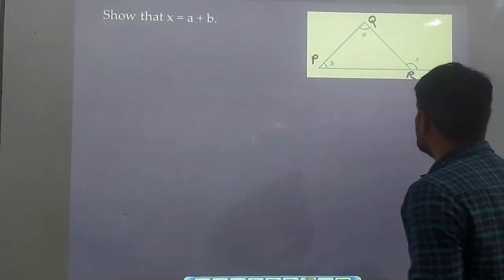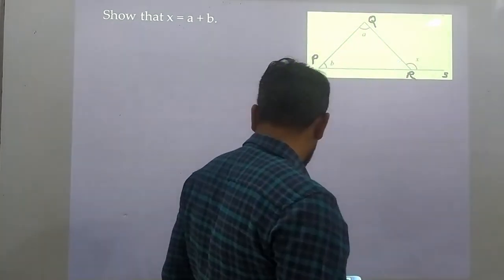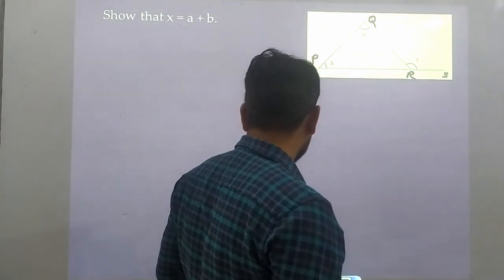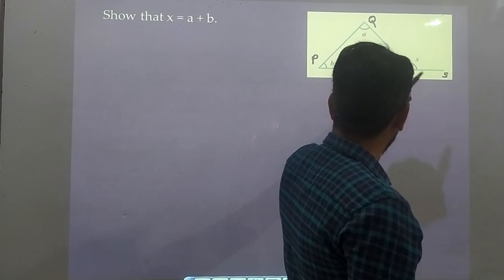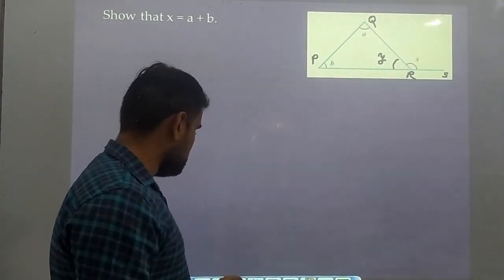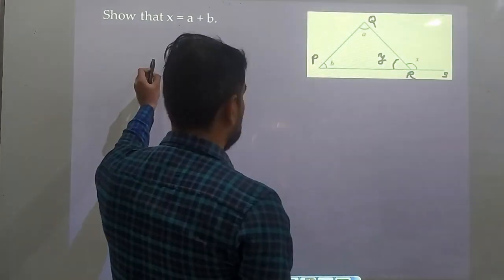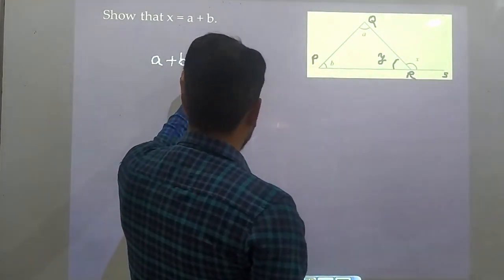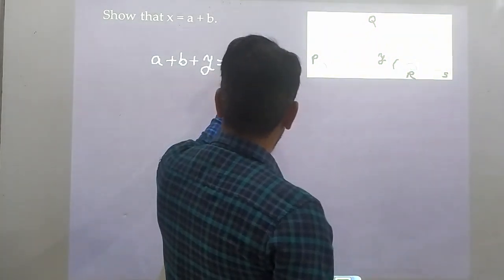Let's write this out first. Let's say this angle is Y. Now we can say that in this triangle, A plus B plus Y equals 180 degrees, right?